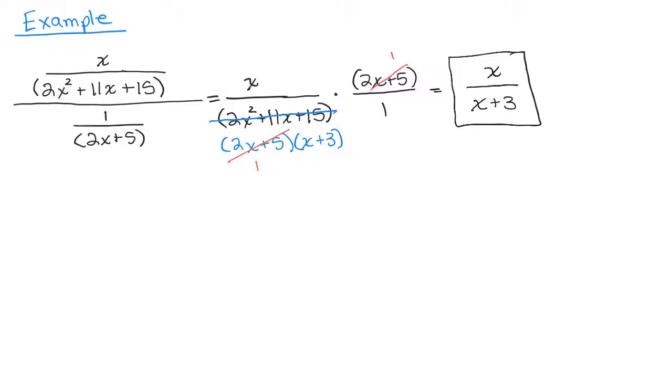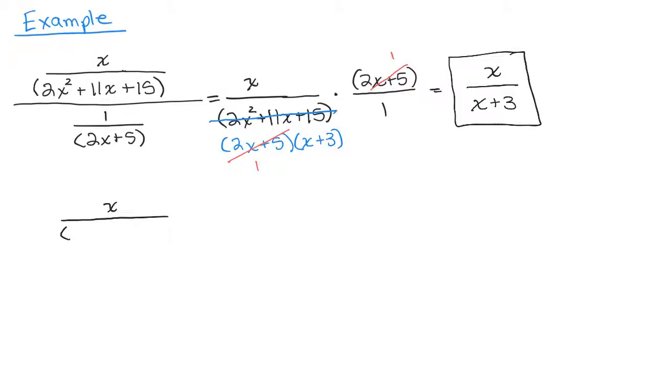Now, let's do it the second method. So here's my original problem, x over 2x squared plus 11x plus 15 over 1 over 2x plus 5. Now, we need to find the least common denominator. So I'm going to rewrite the numerator of this big complex fraction as x, but I'm going to write the denominator in the factored form.